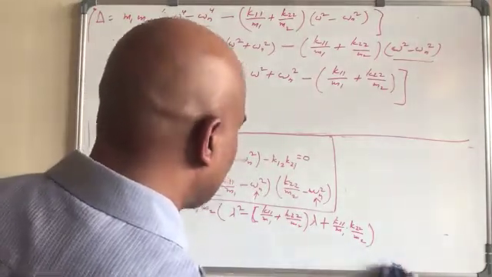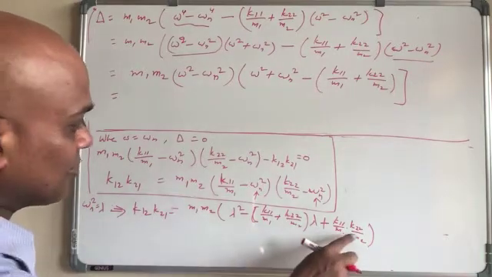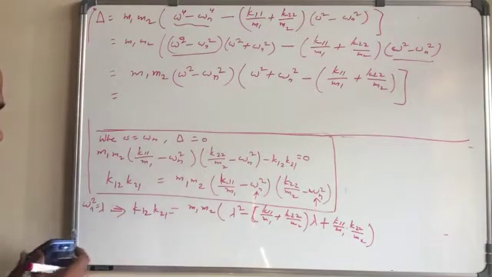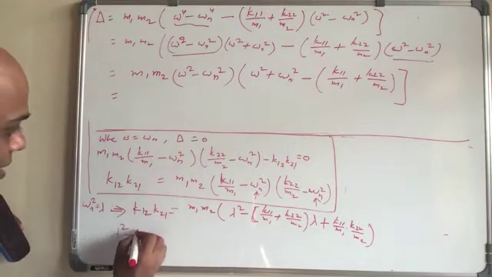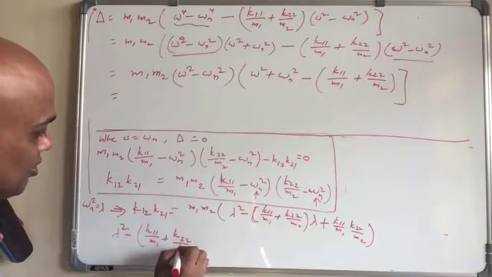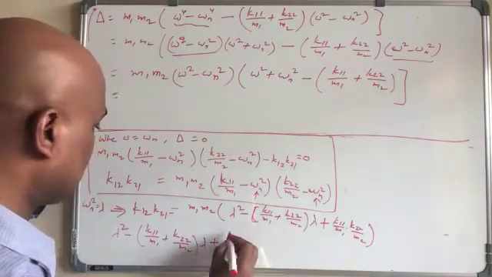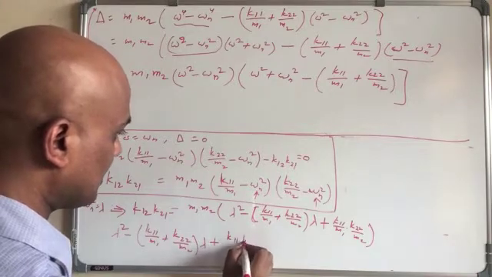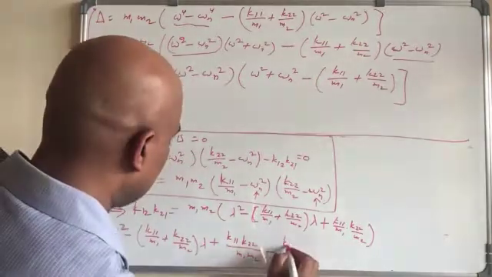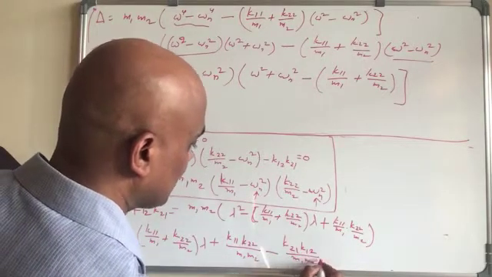From here we will get a clue about what the meaning is. So we simply get lambda square minus k11 over m1 plus k22 over m2 times lambda, and then plus we can write k11 k22 over m1 m2 minus k21 k12 over m1 m2 equal to 0.